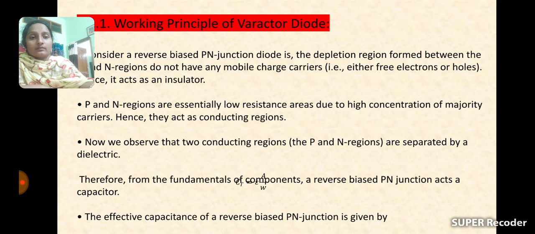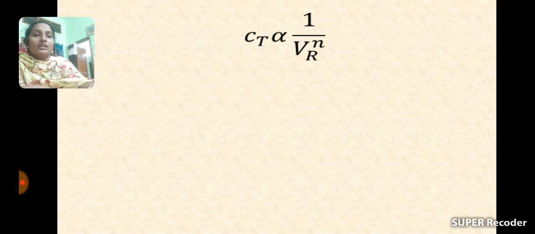Is it clear? And the effective capacitance of the reverse biased PN junction is given by epsilon A by D. Total capacitance Ct is proportional to 1 by Vr to the power of n.